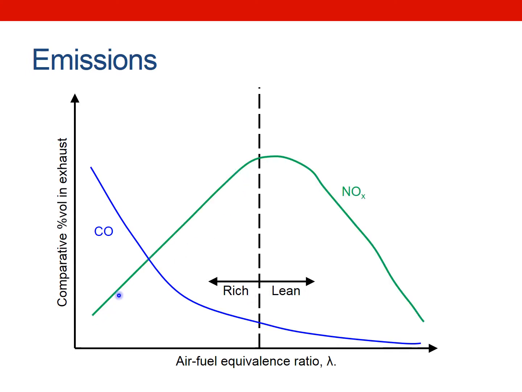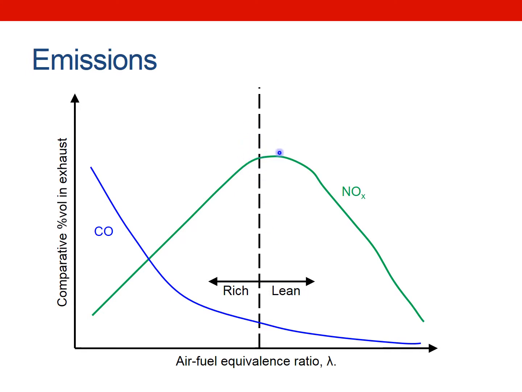NOx. This gives a kind of parabolic shape, and because NOx can be formed in three ways, remember, but primarily it's the high temperature which gives us the NOx. That's why, if you remember a few slides back, we showed the variation of temperature with lambda, and the temperature peaked around the stoichiometric value, lambda of 1.